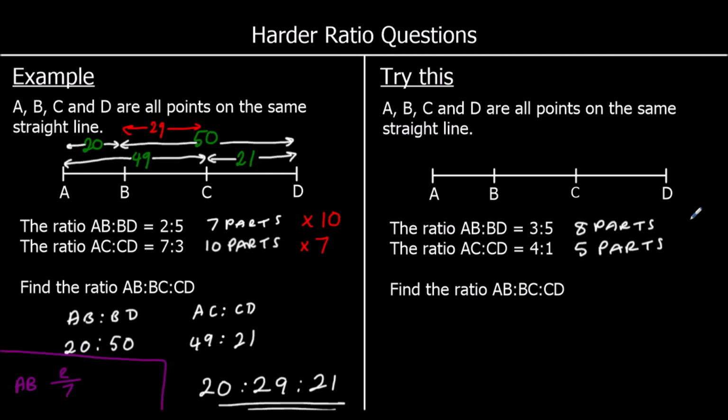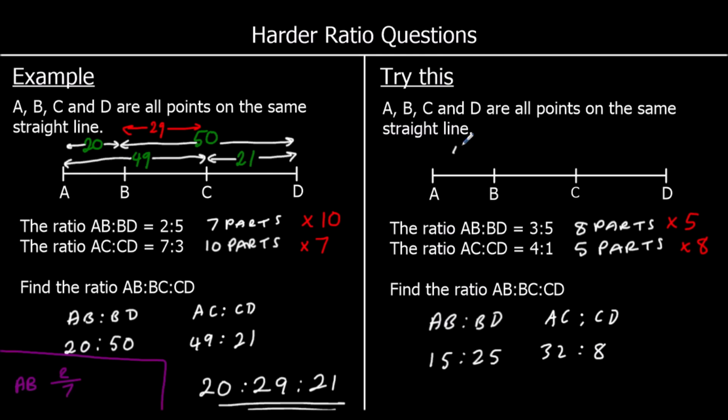So let's times our top ratio by 5 and our bottom one by 8. So AB to BD, I'm going to say is 15 to 25. And AC to CD is 32 to 8.